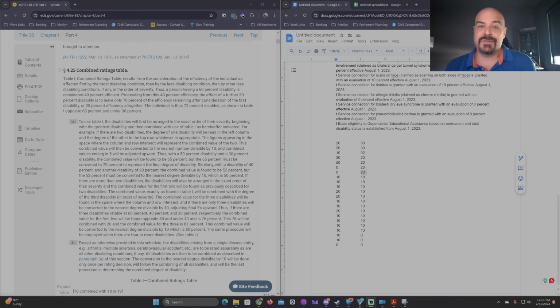And unless you got one condition that gets you to 100% automatically, we got to work our way up the mountain and figure out what our actual VA rating is at 100%. Because at the end of the day, you need at least a minimum of 240% to get to 100%. So let's go ahead and learn some VA math.